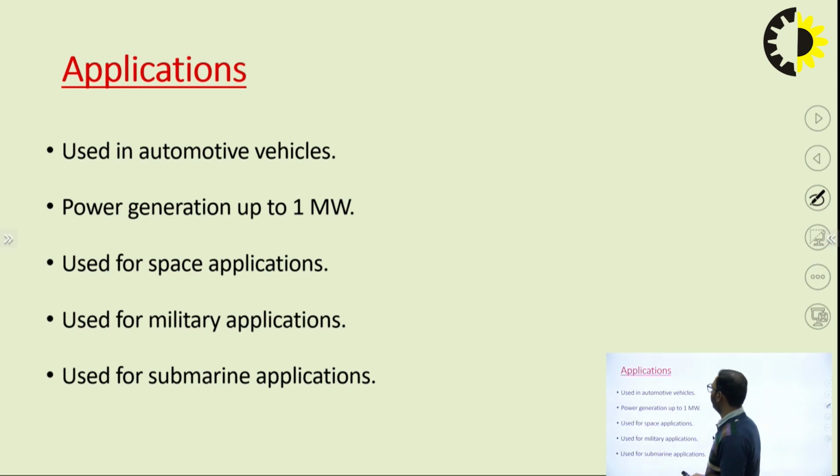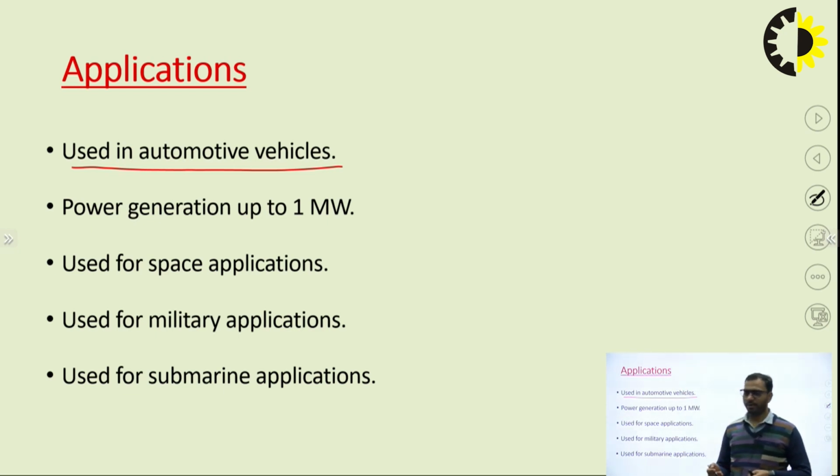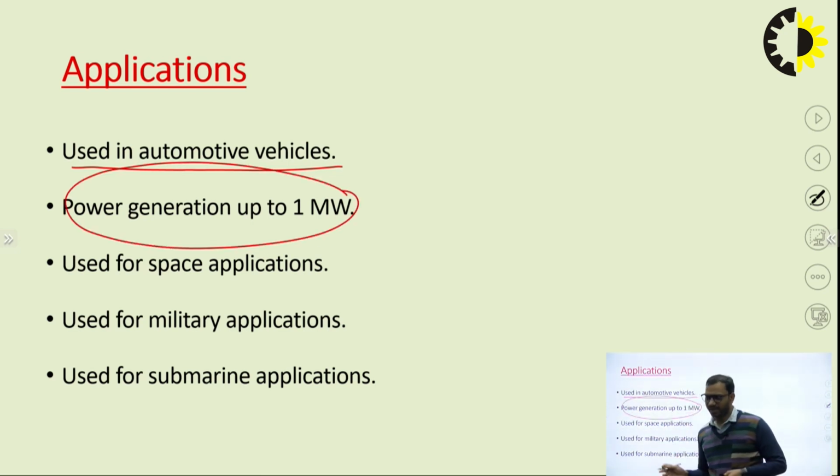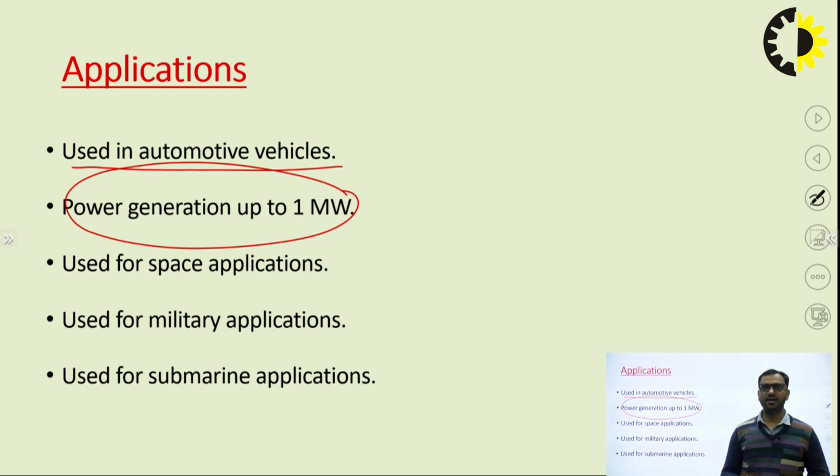Then, what are the applications of fuel cells? The first application is in automotive vehicles. Power generation up to 1 megawatt, meaning with the help of fuel cells we can produce electricity up to 1 megawatt.